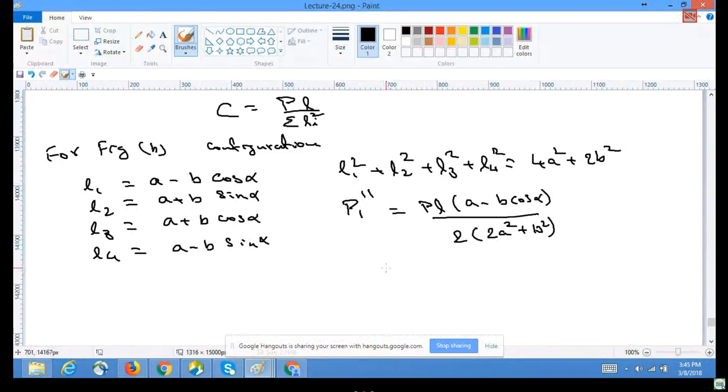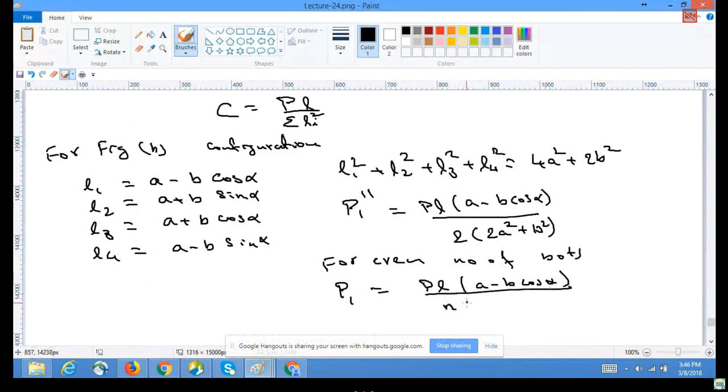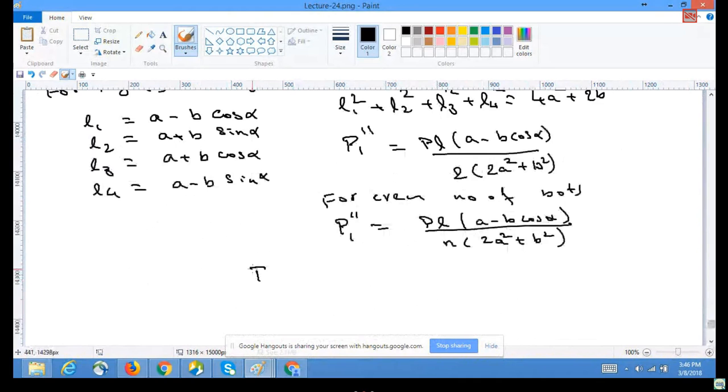For an even number of bolts, our P1 would always be PL into A minus B cos alpha, divided by N into 2A square plus B square. And P max will always be PL into A plus B, divided by N into 2A square plus B square.